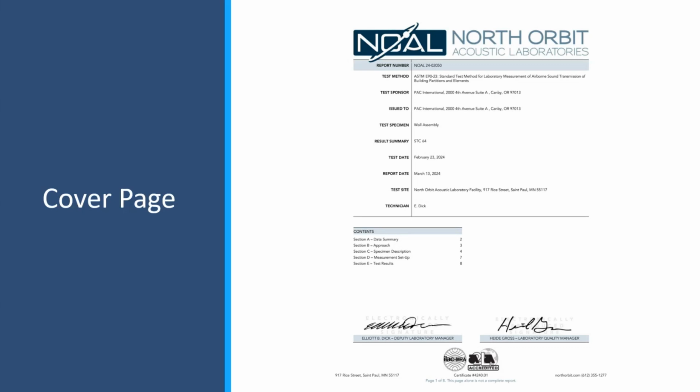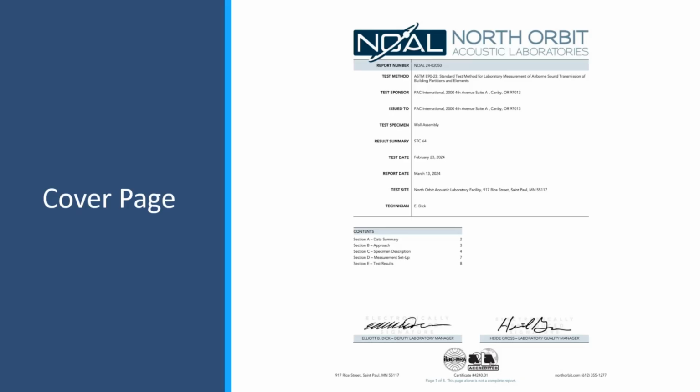These reports have a lot of pages. Over the years, as we've added more requirements to the standard, more requirements for reporting different things, and started paying a lot more attention to construction details and learned which ones make a difference acoustically, the level of detail in our test reports has increased significantly.